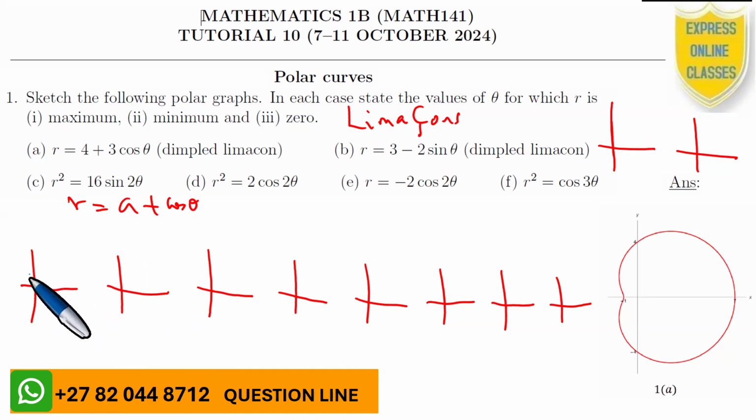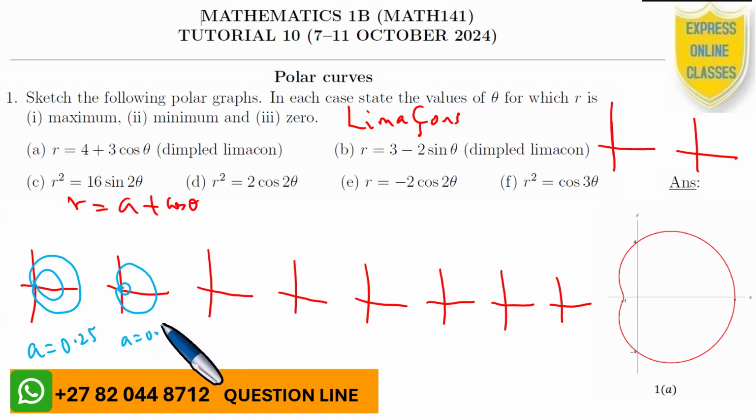So that is one shape. There's this one here, and then this small one, which is when A in this equation is 0.25.